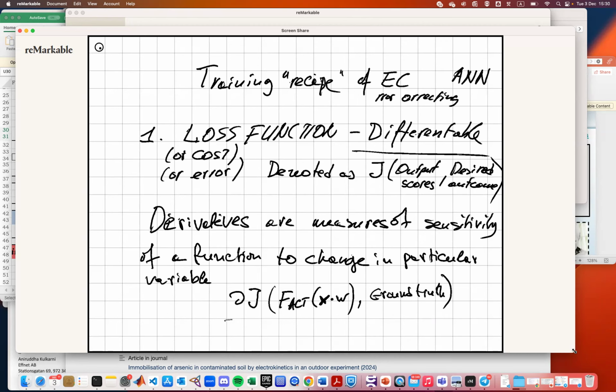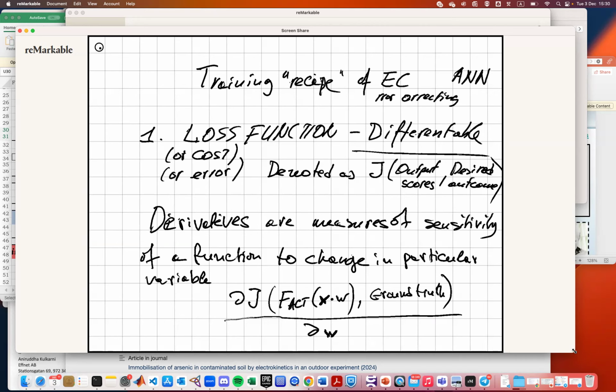And we take this derivative. So we try to understand which of the features actually contribute to the change of the cost function. So we take it with respect to each and every weight variable. And this is our gradient.